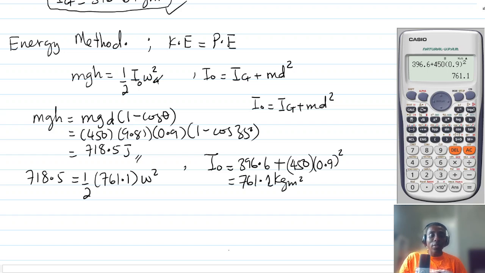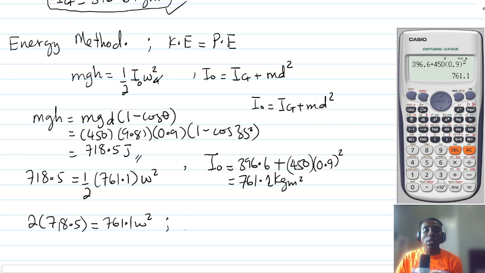So half times 761.1 omega squared. If we solve for omega, what are we getting? We can say that 2 times 718.5 will be 761.1 omega squared. The maximum speed is what we are actually after.